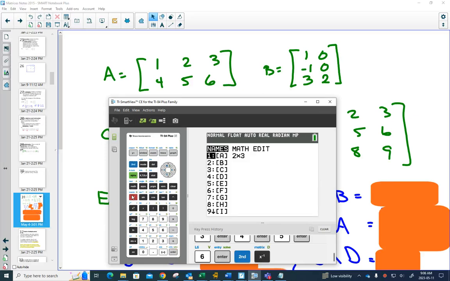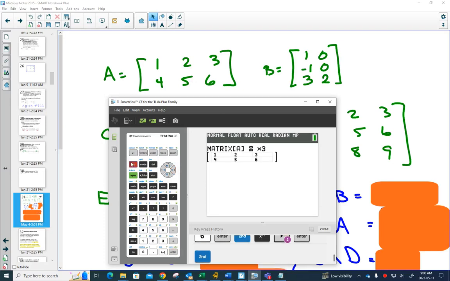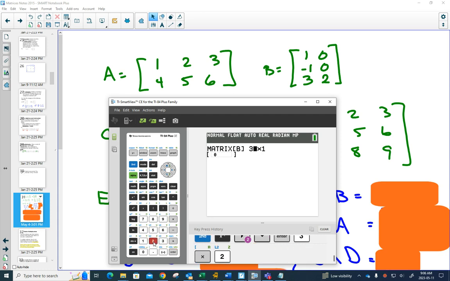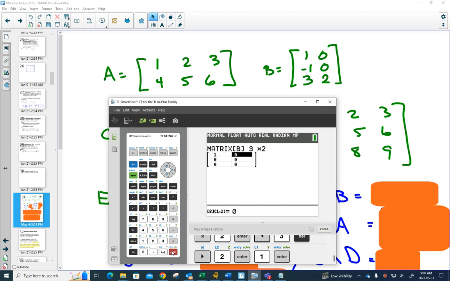We can go second matrix, go to edit, and we edit matrix B now. And matrix B is a 2 by 3, no, a 3 by 2, with 1, 0.